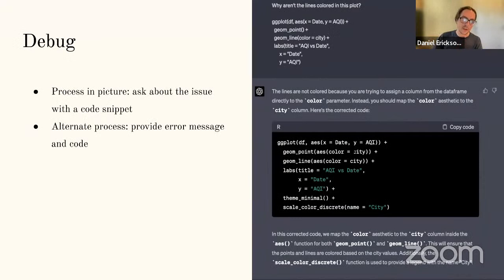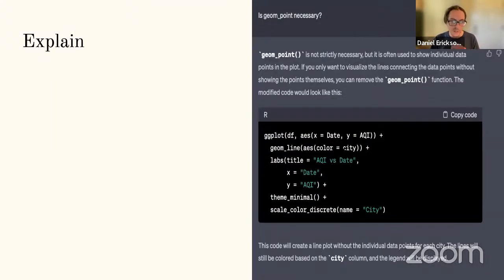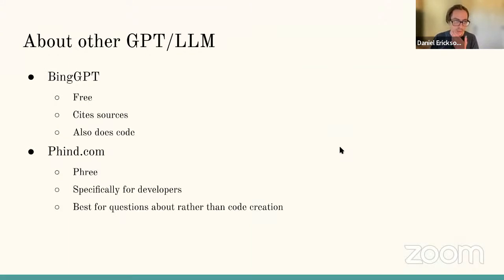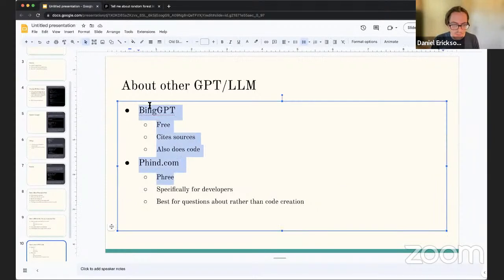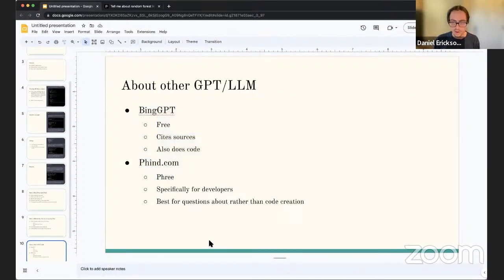You can ask it to debug a plot or other code, and you can use it to explain stuff. So those are all ways I was using it. I guess another good thing about both of these is they have 3 different settings. So there's the concise, the normal, and the creative. So if you want responses accordingly, you can do that.